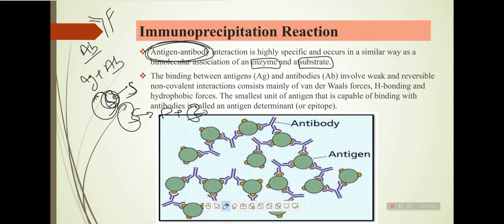It consists of two heavy chains and two light chains. This is a light chain, this is a heavy chain, and this region is called the Fab region, where the antigen comes and binds.